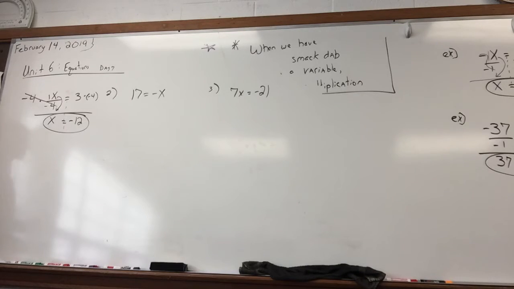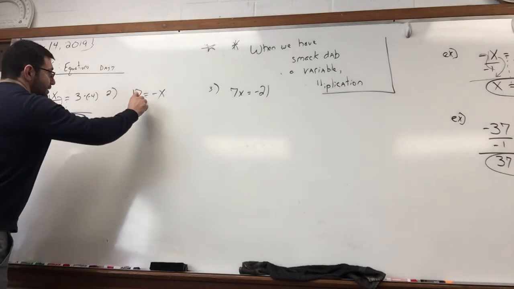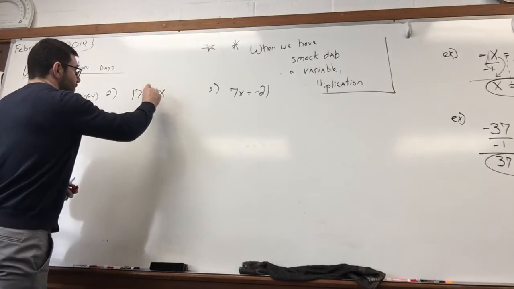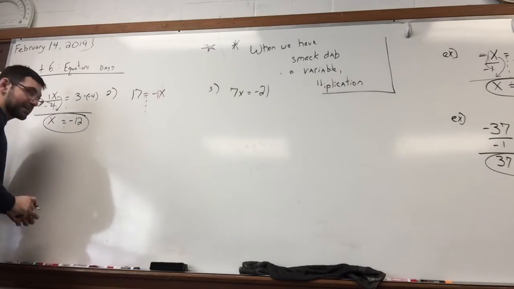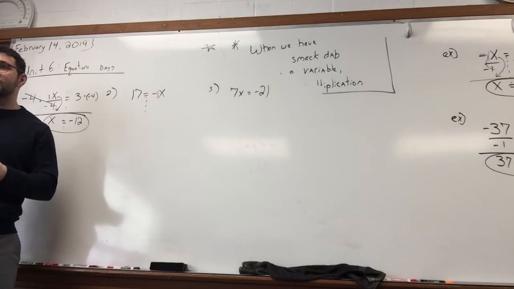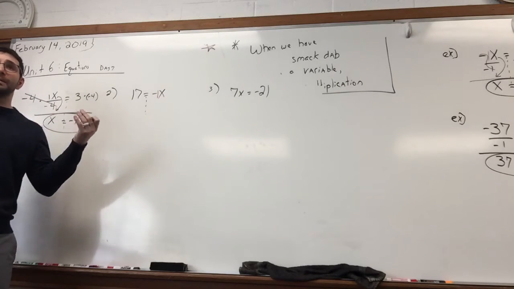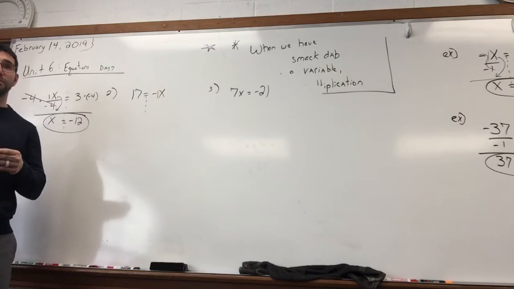Okay. Number 2. Find the balance point. Our variable's not isolated. Emma's told us plenty of times. There's a negative x. We know that's negative 1x. Well, negative 1x is multiplication. For those of you who said, Mr. H, I don't know how to do this, I'm having trouble, paying attention now would be a good start.